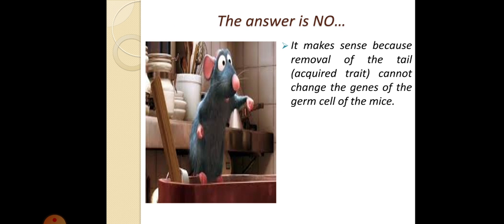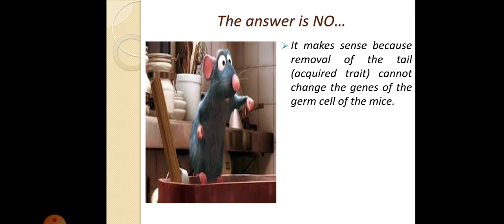So what do you think? The answer is no. It makes sense because removal of the tail of the mice is an acquired trait. This feature is acquired in the lifetime of the mice. Removal of tail, which is an acquired trait, cannot change the genes of the germ cells of the mice.